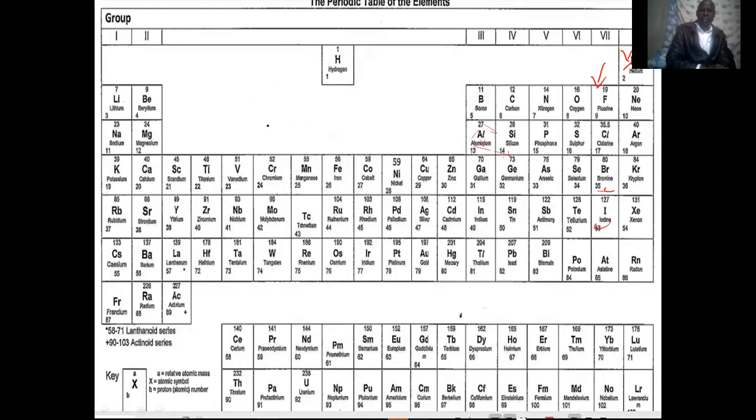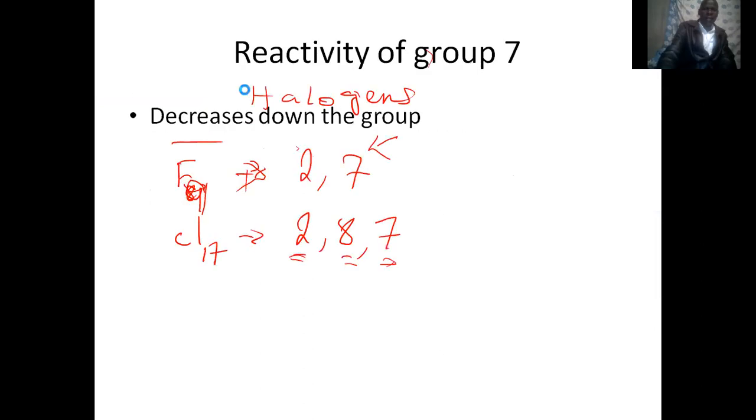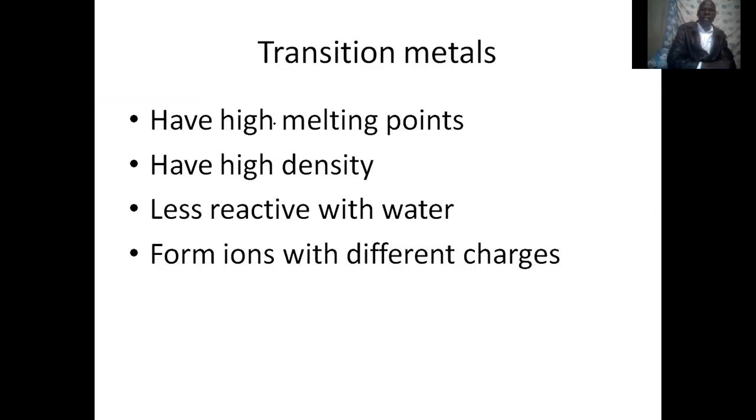On the periodic table, between group 2 and 3, we have the transition metals. Briefly, I'm going to talk about how they react, and in the next lesson we'll look at the actual reactions.